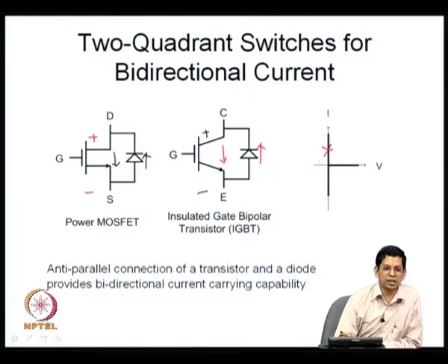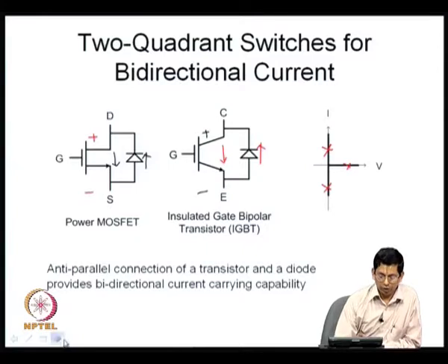If the diode is conducting, it can be a current, and this could be the operating point. If it is blocking, the operating point could be something like this. So, this is the idealized characteristic of this switch, which is an anti-parallel combination of an IGBT and a diode. How do you achieve this? You achieve this by an anti-parallel connection of a transistor and a diode to get bidirectional current carrying capability.